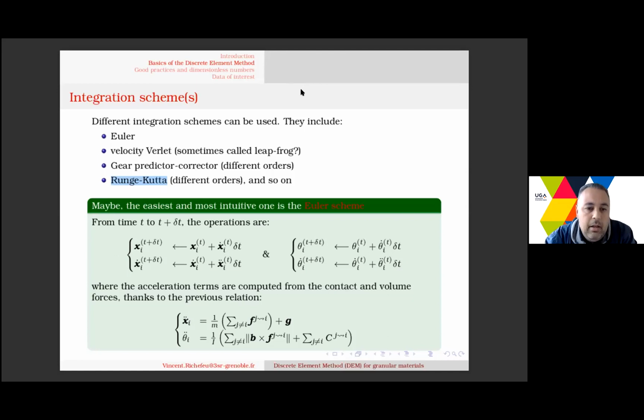So here, just for learning, let's explain with the Euler scheme, which is very simple, but in practice we never use that one because it is not stable enough.